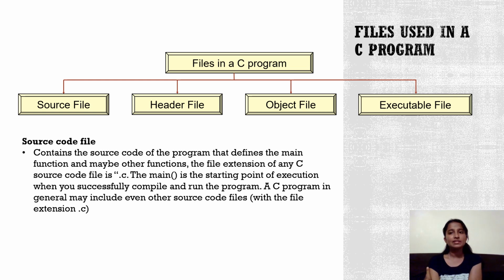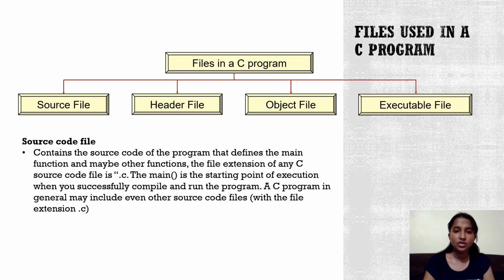Next comes the files used in the C program. The files are source file, header file, object file, and executable file. Let us go through each file thoroughly. The source code file contains the source code of the program that defines the main function and maybe other functions.